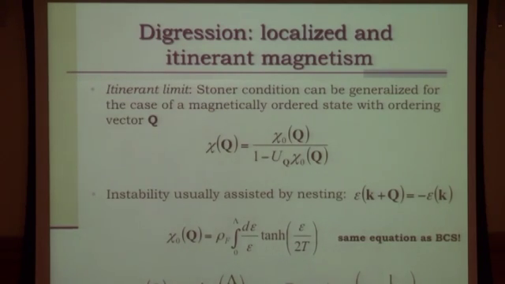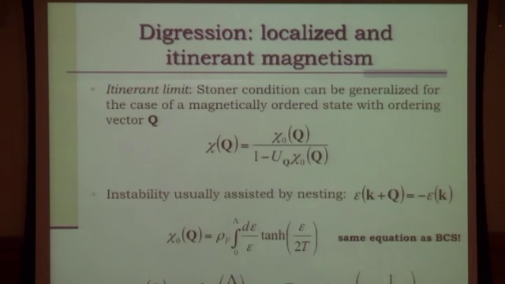Meaning that this is the expression, if I go to T equals 0, the susceptibility diverges. There's a log divergence here. Now, if I go back and replace it here, I find an expression for when the magnetic susceptibility diverges, and you'll find again something very, very similar to BCS.